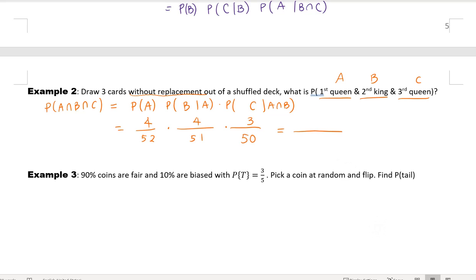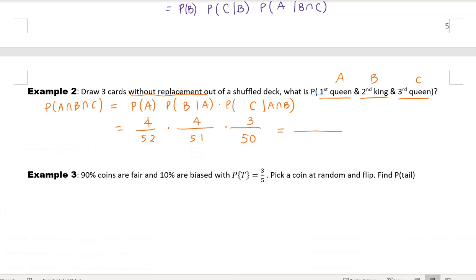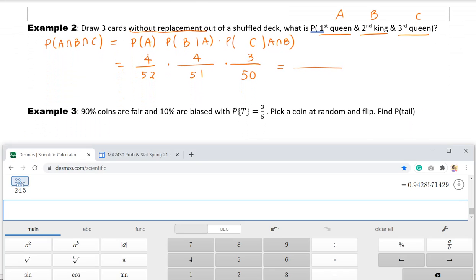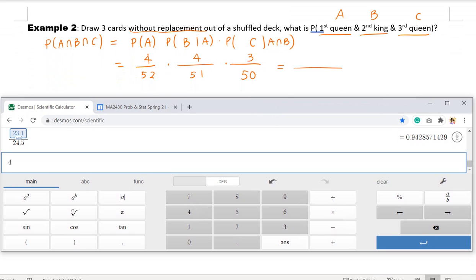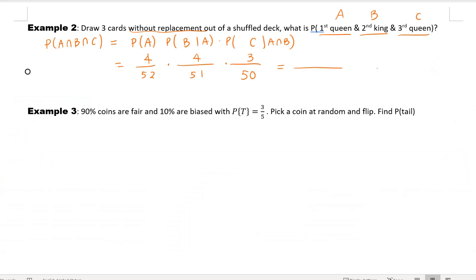Let's see what this is. I need my calculator. So 4 times 4 times 3 divided by 52 times 51 times 50. Oh, such a small number: 3.6199 times 10 to the negative 4.